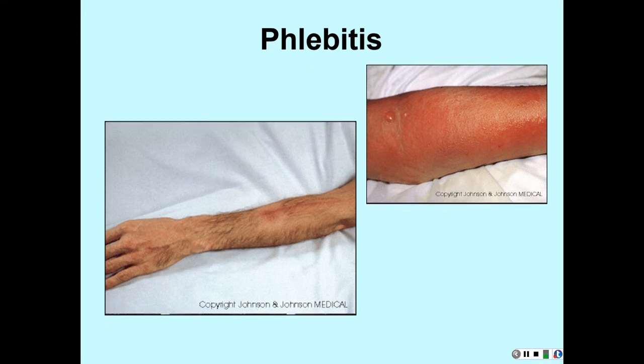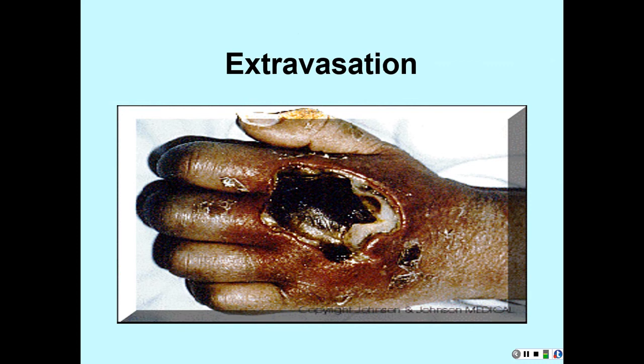Your patient may also have what we call extravasation. This is when you have a leakage of a very caustic medication into the surrounding tissues. All right. You have leakage of an irritating or a vesicant.